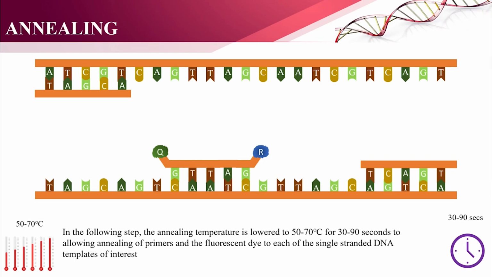A quencher is a molecule used in fluorescence based assays like qPCR to suppress the fluorescence of a nearby dye, the fluorophore. For example, here you can see this R is the fluorophore. Its work is to emit the light, but the quencher's work is to suppress the fluorophore from emitting the light until it is detached from this DNA segment.